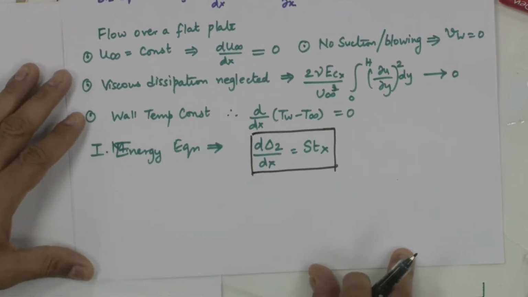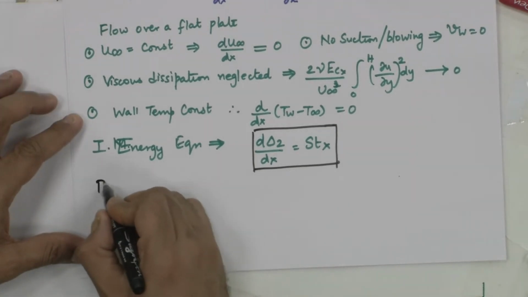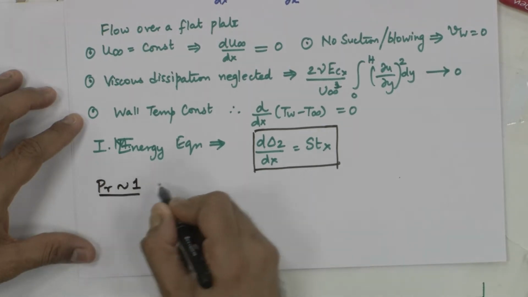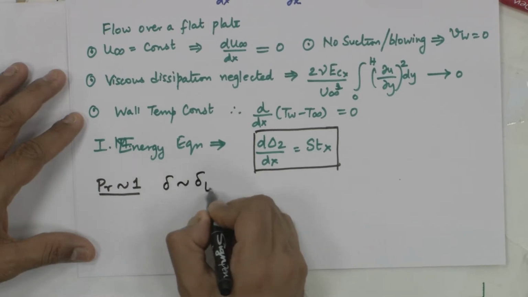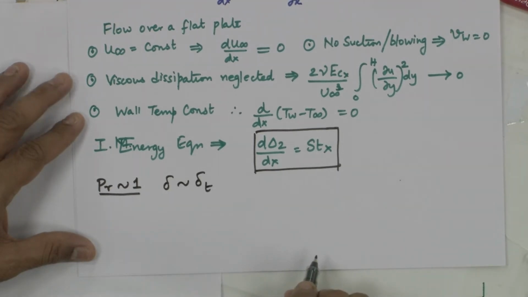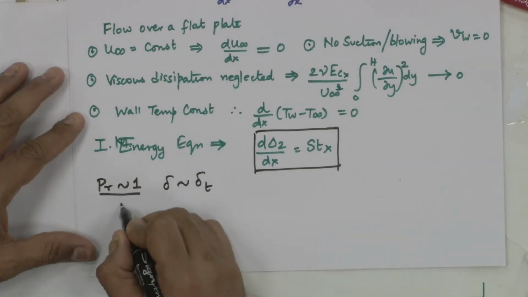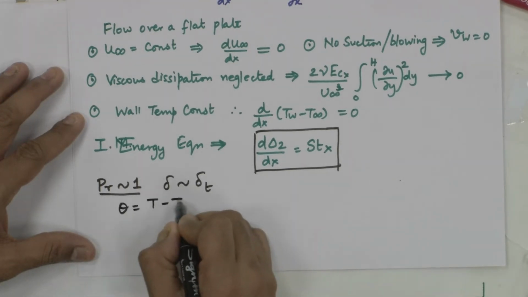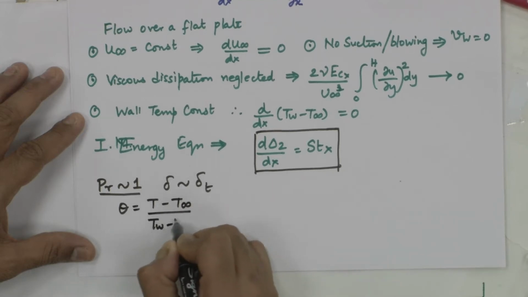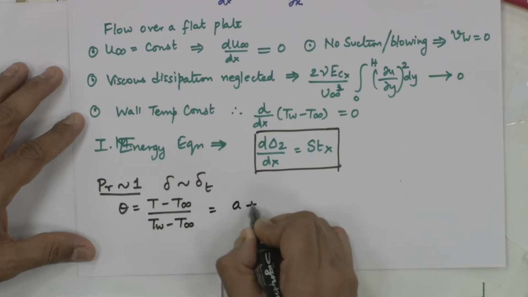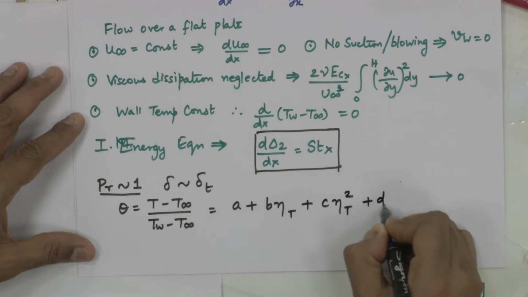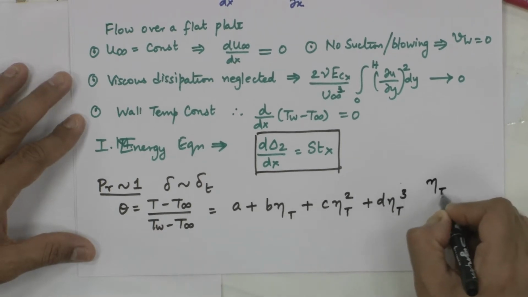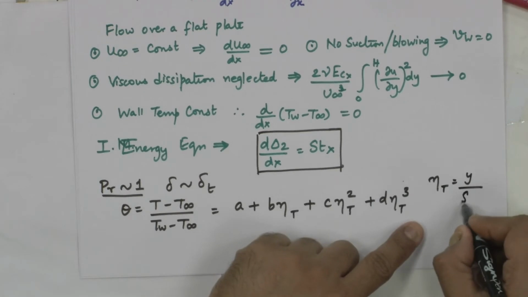So, let us consider the case for Prandtl number approximately equal to 1. That means delta is of the same order as delta t, and a third order polynomial profile where theta is equal to T minus T infinity divided by T wall minus T infinity equals A plus B eta t plus C eta t squared plus D eta t cubed, where eta t is nothing but y over delta t, which is a function of x.